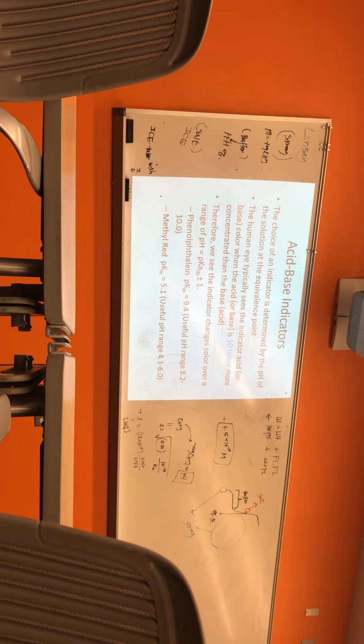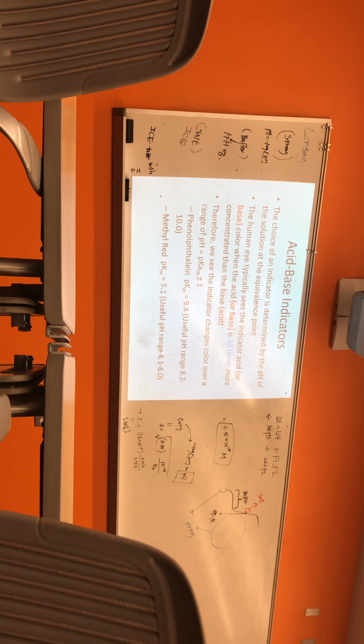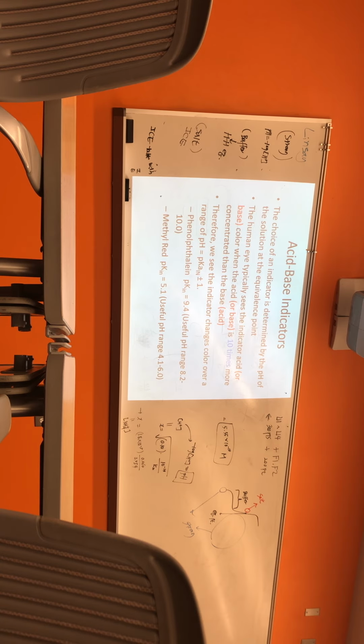So titration works like this. Let's say we have a weak acid titrated with a strong base. If we have enough base, it neutralizes all of the acid. That's when extra base will titrate the indicator. The indicator is actually a weak acid itself.